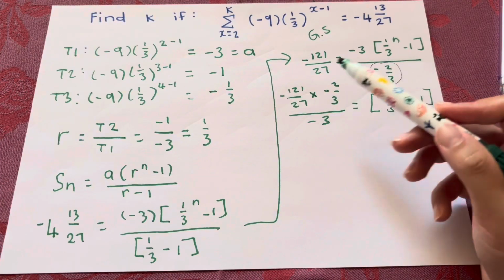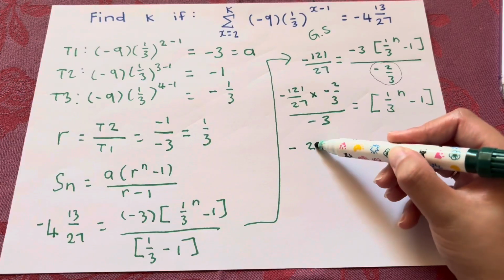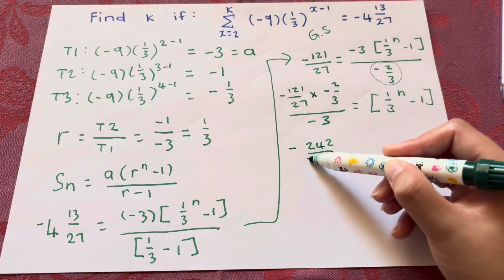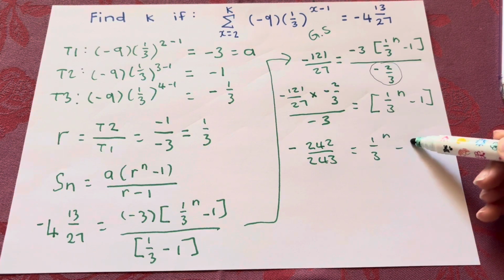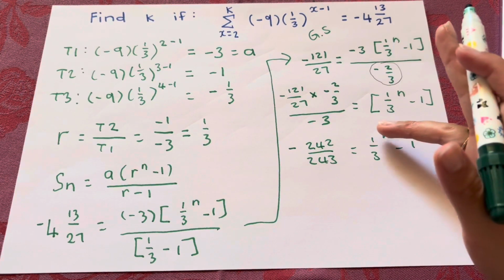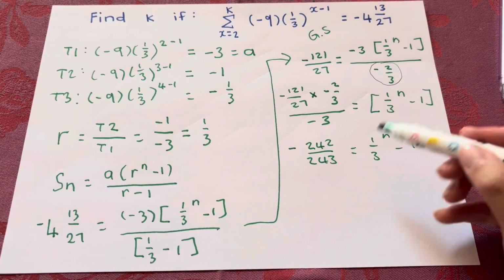Now the answer you can put on your calculator to the left-hand side is -242 over 243. 1 on 3 to the n minus 1. The furthest thing away from the n is this -1, which I'm going to +1 on both sides.